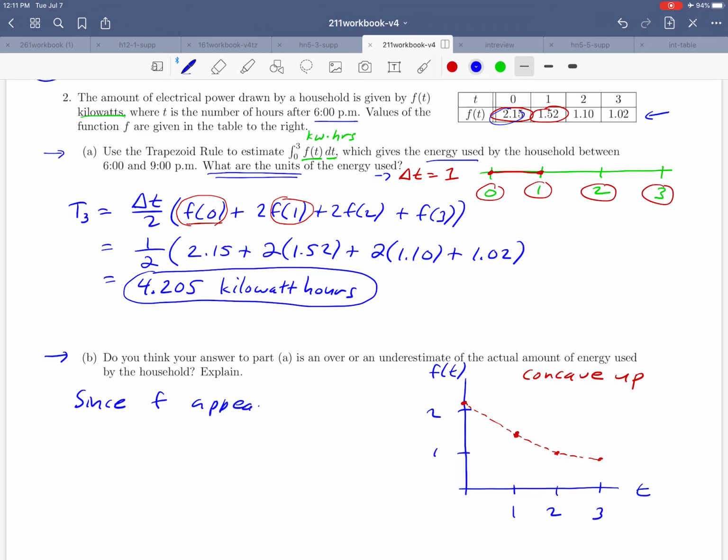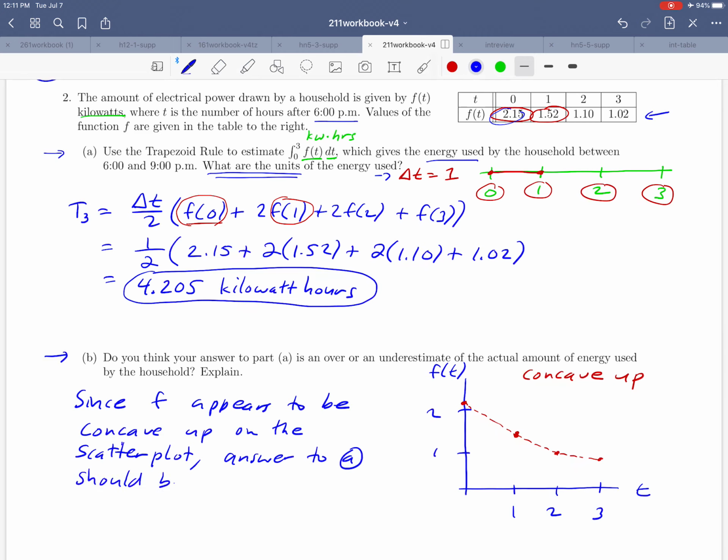Since f appears to be concave up, on the scatter plot that we just drew, our answer to A should be an overestimate of the energy used. And I think we're done.